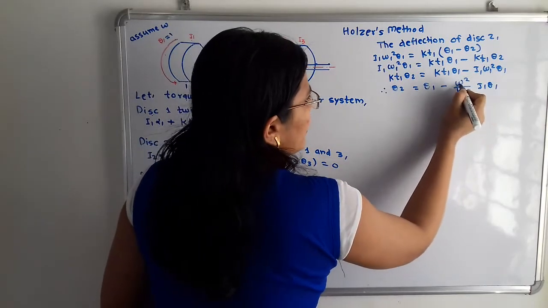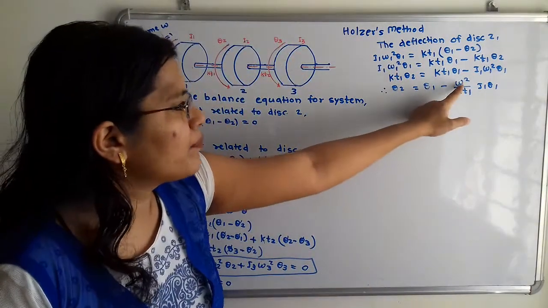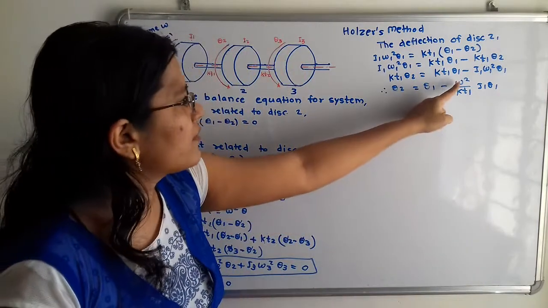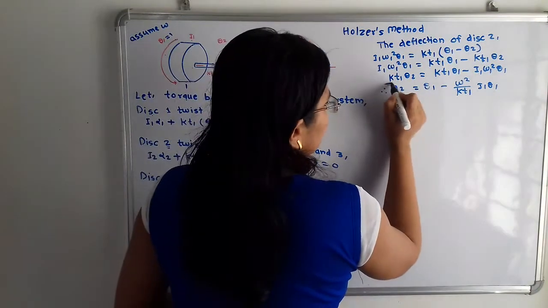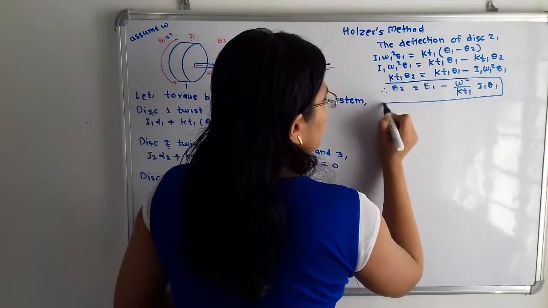Instead of omega1 I have taken omega, because we have already assumed the value for this omega. So this is the equation for theta2.